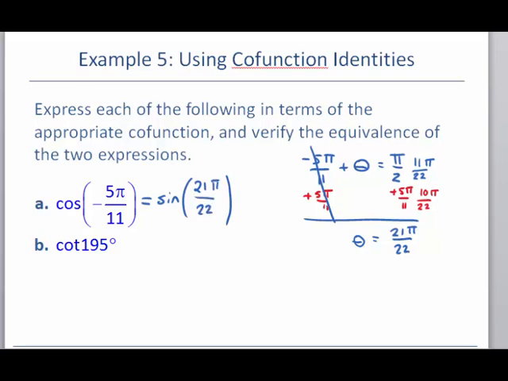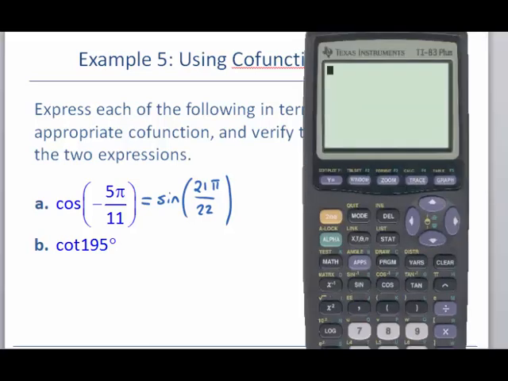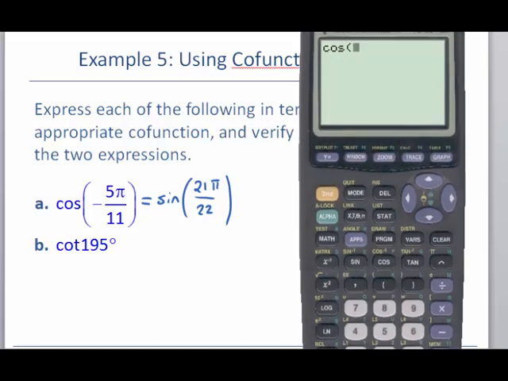So these two expressions should be equal. All right, so let's check and see. So I'm going to pull up our calculator. All right, so I'm going to enter these two expressions in my calculator. Be sure that your mode is set to radians. All right, so I'm going to do cosine of negative 5 pi divided by 11.